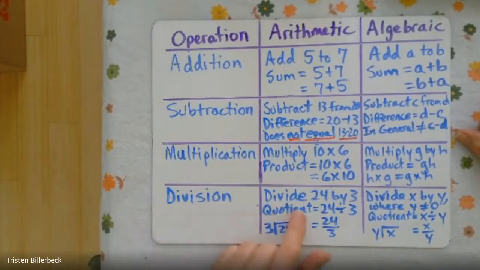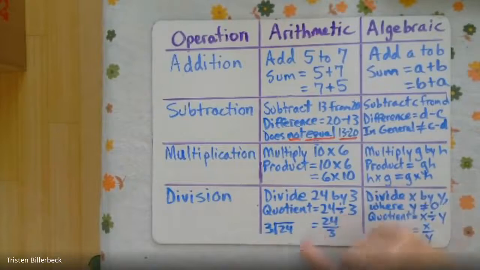Now with division, we're going to divide 24 by 3. The quotient then equals 24 divided by 3. And we can write that as a fraction, 24 over 3. And when we use the division house, we can remember top dog in the house. So this is the top dog, so it goes here and it gets the house.